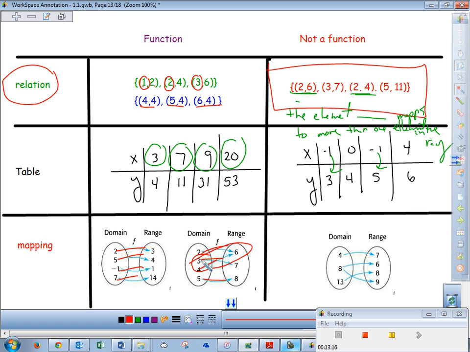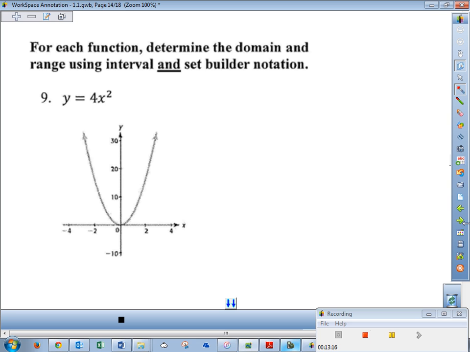Even though both of these guys are going to 6, right? 3 goes to 6, 4 goes to 6. One arrow coming off of these guys. But look at him. How many arrows coming off of 8 on that bad boy? More than one, right? So 8 maps to 6, and it also maps to 9. Bad deal. The element 8 in the domain maps to more than one element in the range.